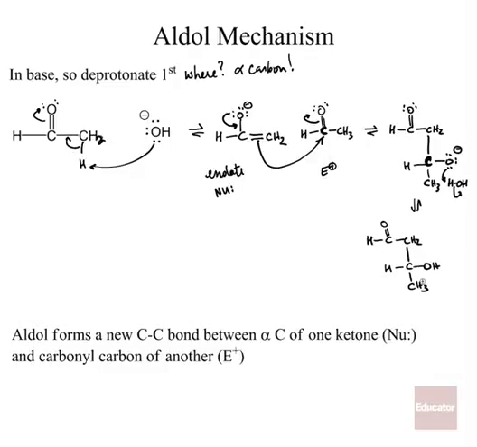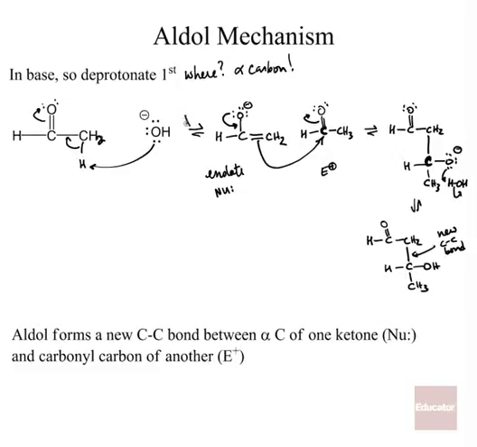There's our aldol product. Notice it has a new carbon-carbon bond because we had a carbon nucleophile attacking a carbon electrophile. So here's the new carbon-carbon bond in the aldol product. That's going to be important to us to identify when we try and do synthesis problems. Okay, and overall then in base, it's going to be a three-step mechanism.